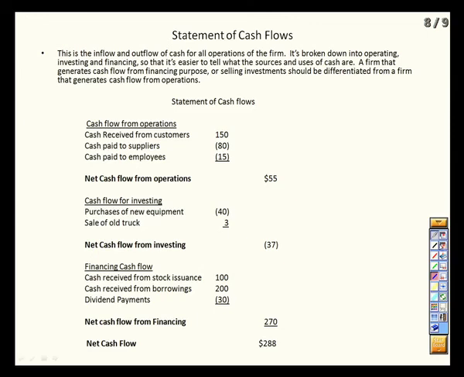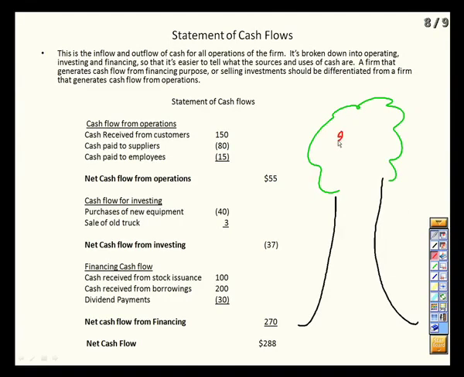I like to draw a little picture here for the cash flow statement to put its structure into context. The business is like an apple tree. Here's an apple, and here's an apple, and here's an apple.